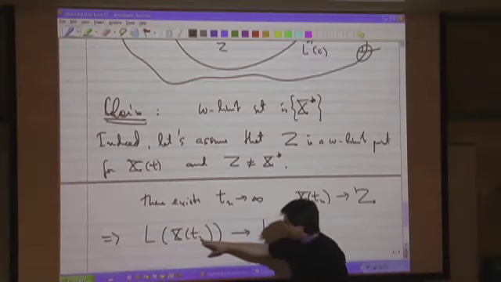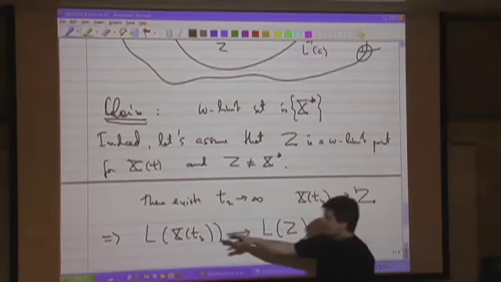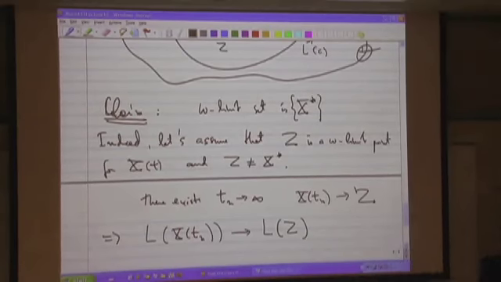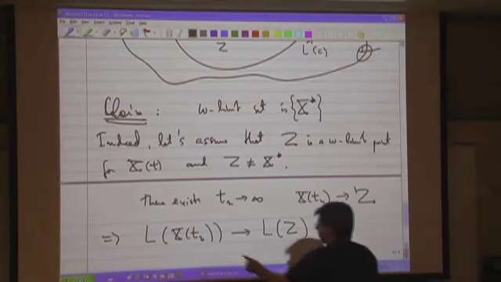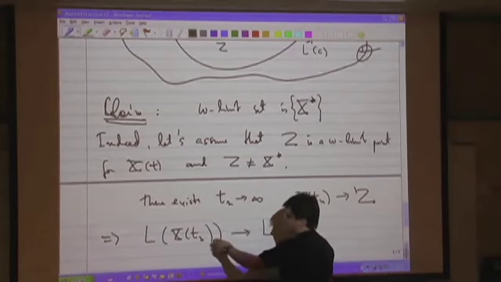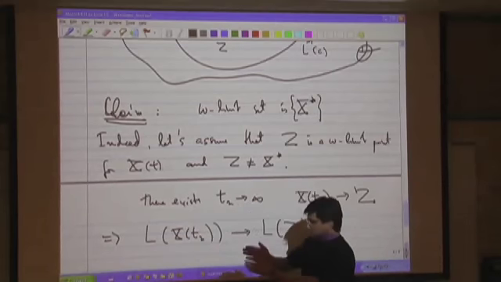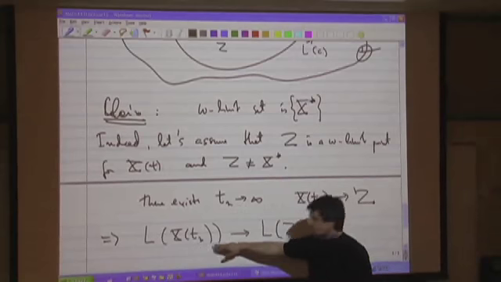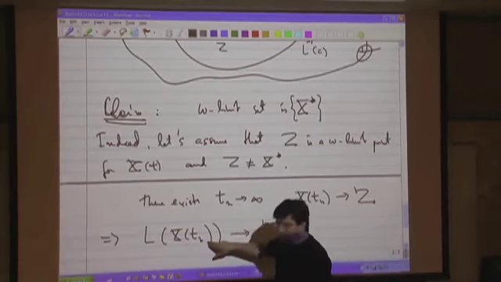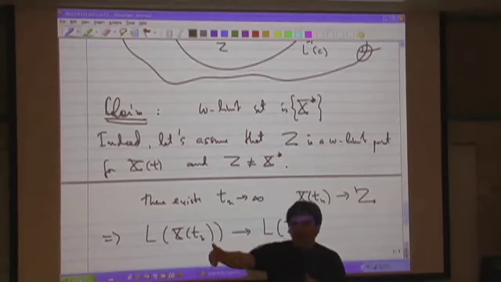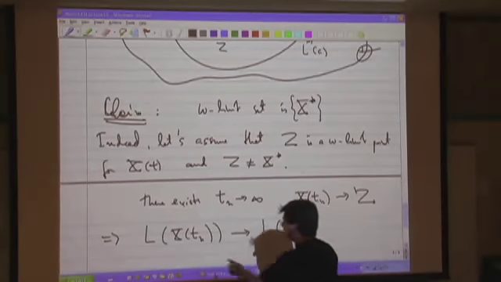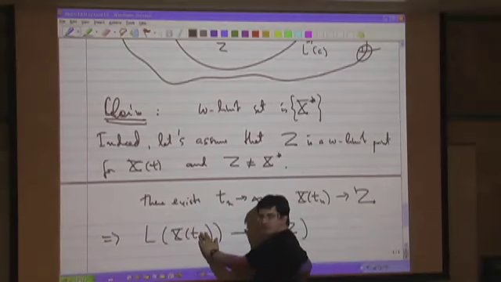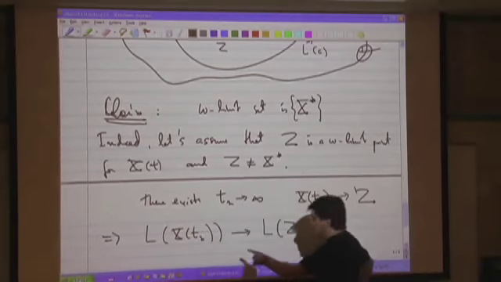So if these points approach this point, then the values of L on these points will approach the value of L on that z. Okay? But the values of L on these points are decreasing, because these are just certain times in the evolution of the solution. So for any t, L of x of t is decreasing, right? So certainly this is a sequence that is decreasing to this value.